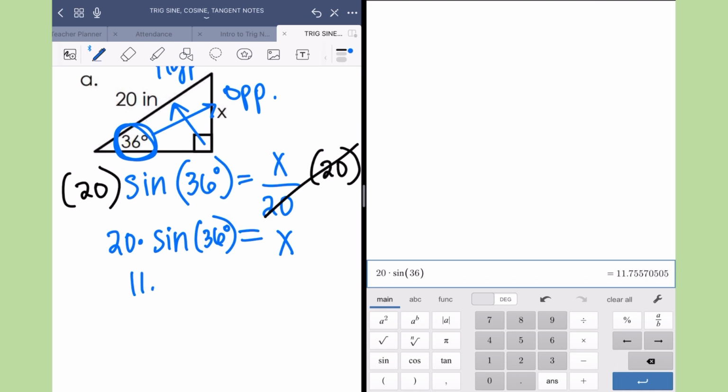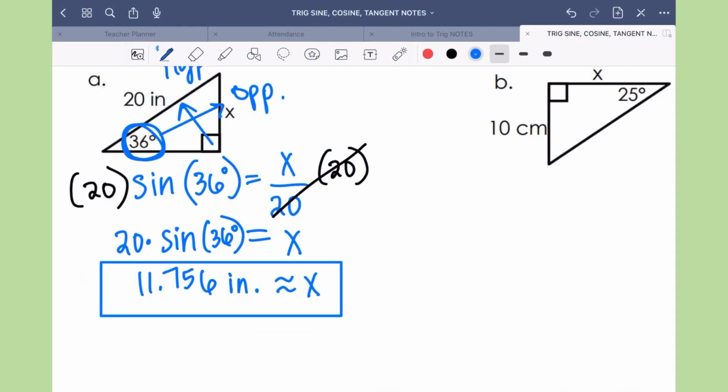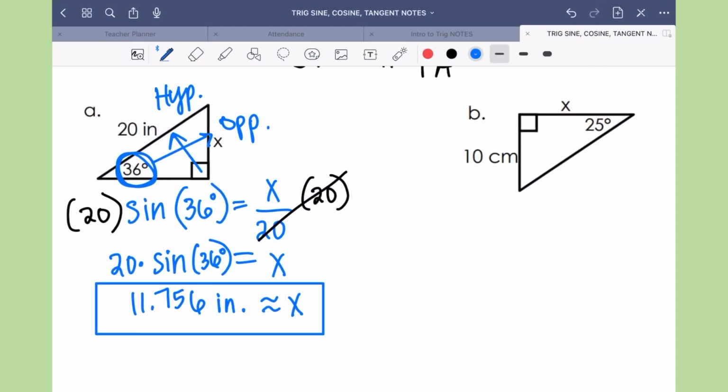So 11.756 is approximate. Oh, let's use our measurement. Sorry, this is inches. And that is how you solve a trig problem using trig.